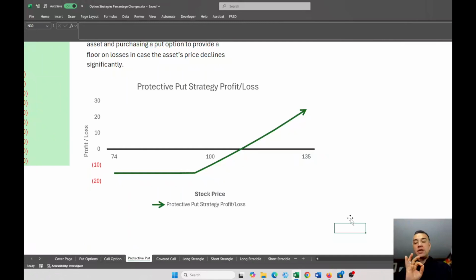And the last thing I want to talk about in this video is what does that look like. You see that protective put, and I don't have it up on the screen right now, but I just want to talk about it. If it's the same underlying asset and the same strike price, owning the stock and the put is equal to buying the call contract, because it looks like a call contract, and holding on to the money that I would have used to buy the stock and waiting to see what happens.